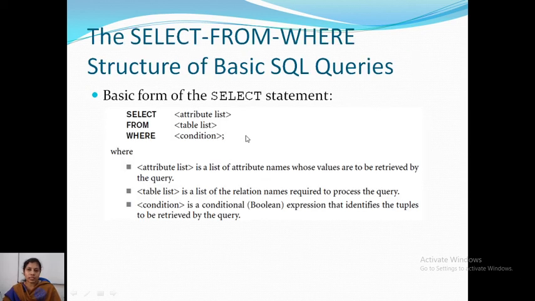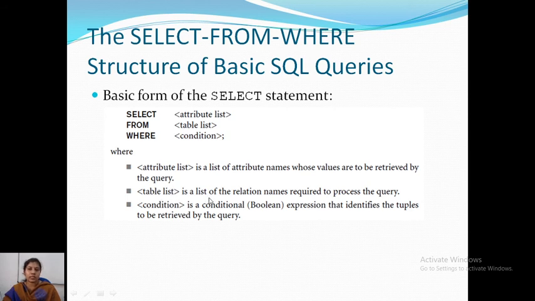Now we see the syntax of select statement. Select and specify the attribute list from which table. So you need to specify the table name and the condition, based on what condition it has to select the information. Attribute list means a list of attribute names whose values are to be retrieved by the query.